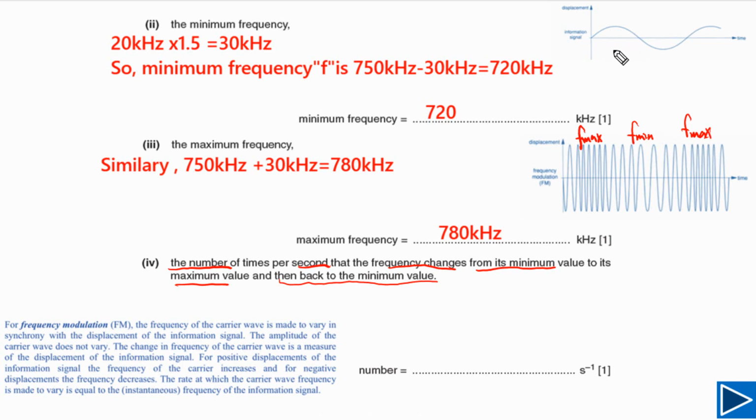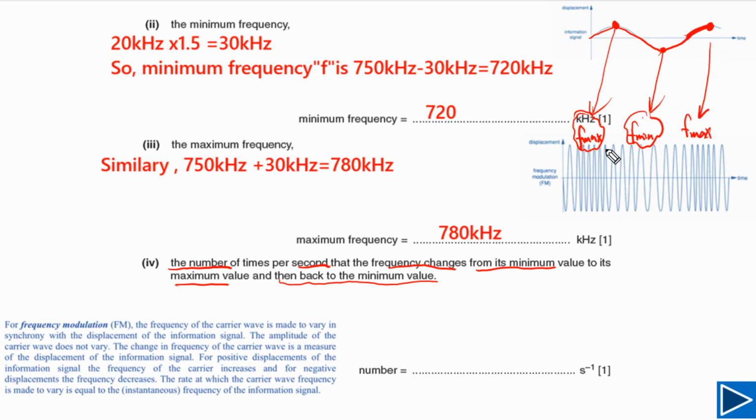This depends on the frequency of the signal. When the amplitude is positive, the frequency will be maximum, and when the amplitude is negative, the frequency will be minimum.